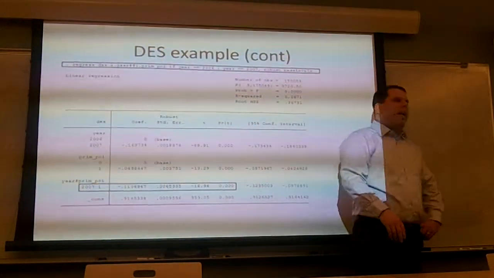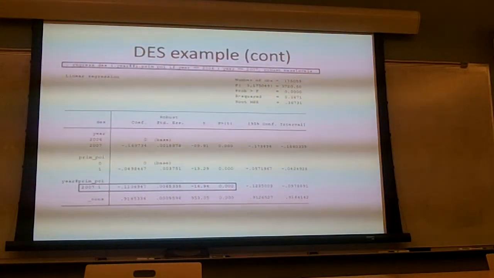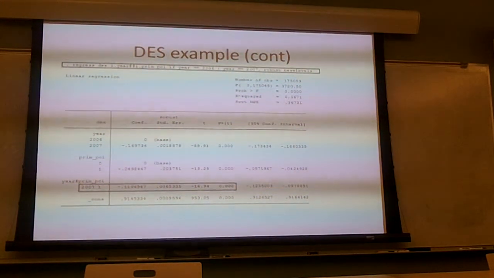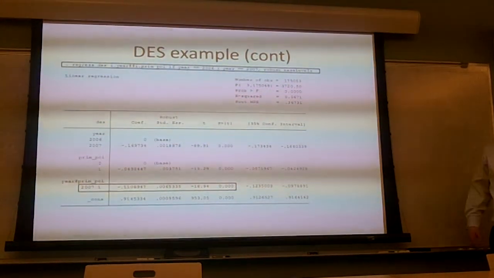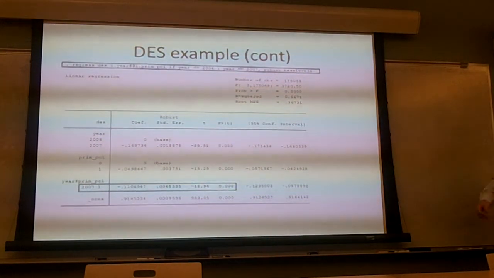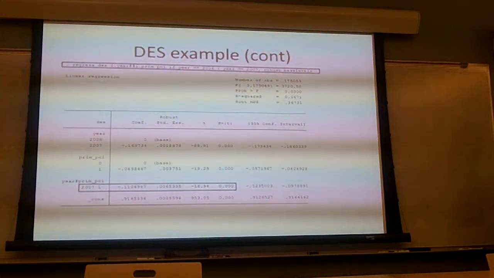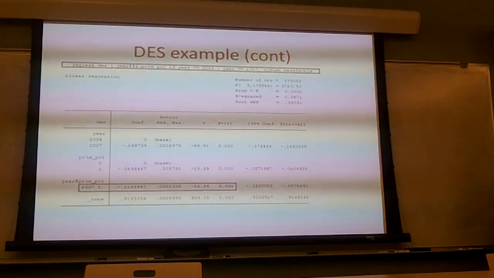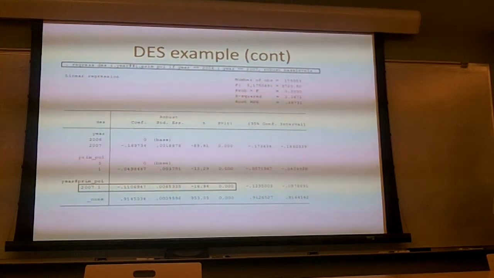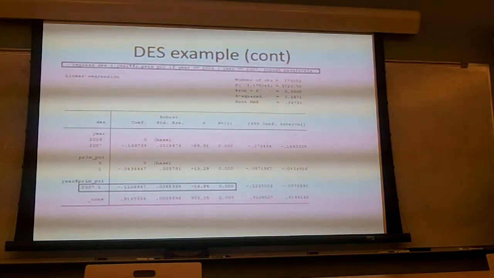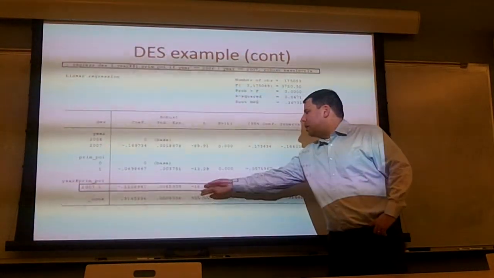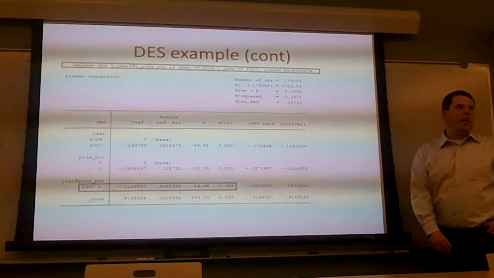Diff and diff, a net swing for the primary PCI people of minus 11 percentage points. In English, drug-eluting stent use among primary PCI recipients dropped by 11 percentage points relative to the drop in drug-eluting stent use among elective PCI users. And we now have a statistical test on that. T-statistic is 17, highly significant.